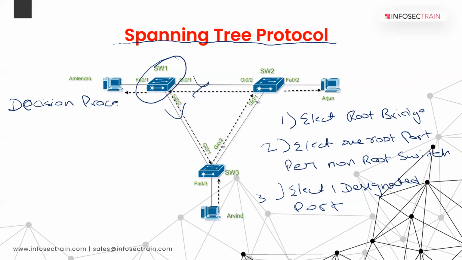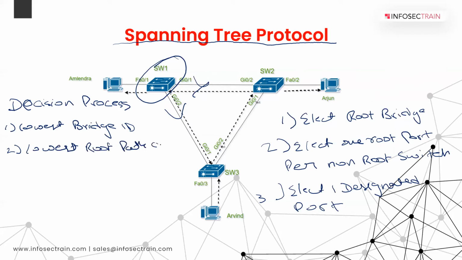So in decision process, we have to first find out lowest bridge ID. Second thing, lowest root path cost. And the third thing, lowest sender bridge ID.